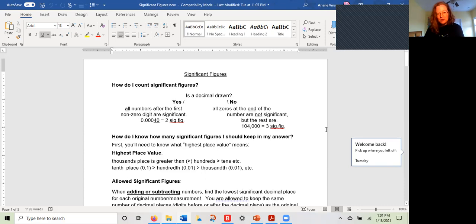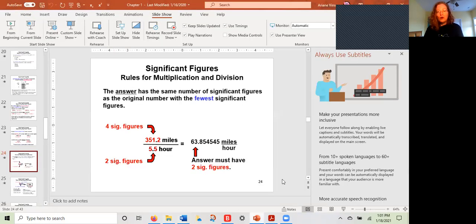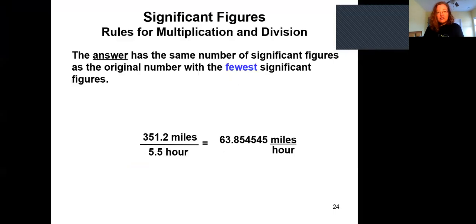But in the textbook, and therefore in my PowerPoint presentation, we'll start by learning the rules for significant figures when multiplying and dividing. This is what we'll be doing 95% of the time, maybe even more. After the first test, I'm trying to think if there's any more about adding and subtracting numbers with significant figures.